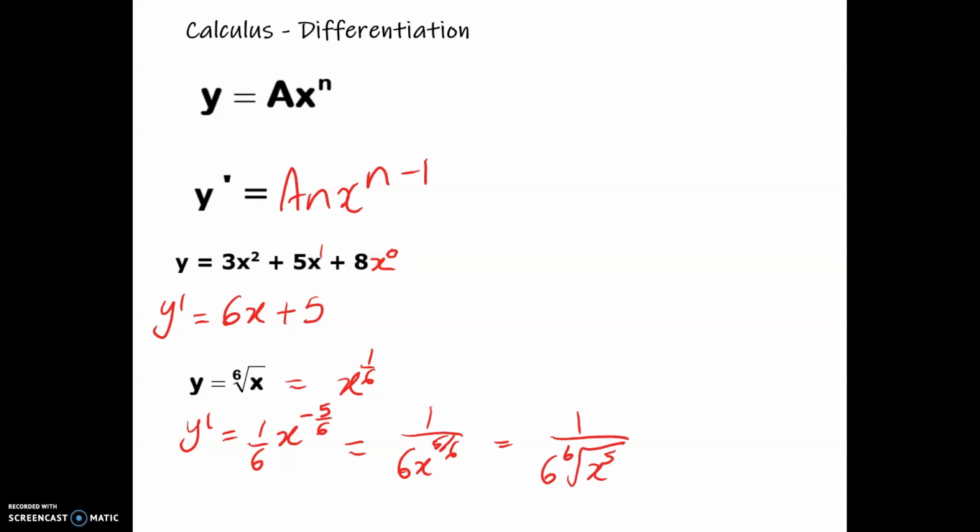Now, let's look at another question. So here we have the x term in the denominator. So first we're going to rewrite it again. It's going to be 4 over 5 x to the power of negative 3.